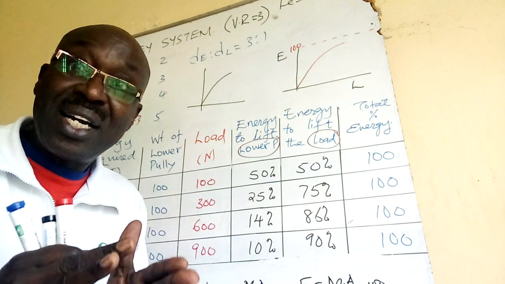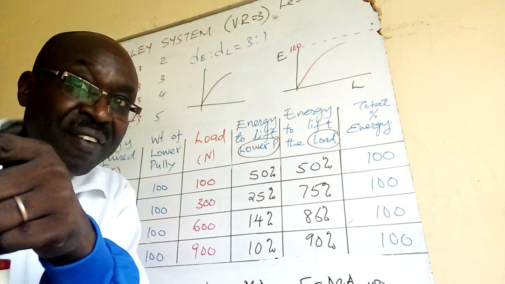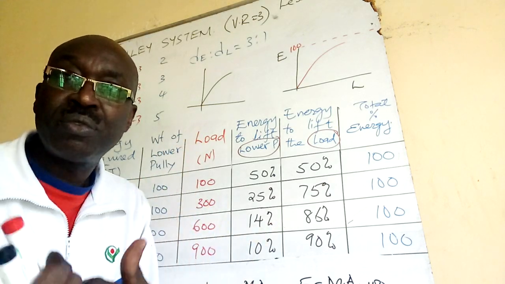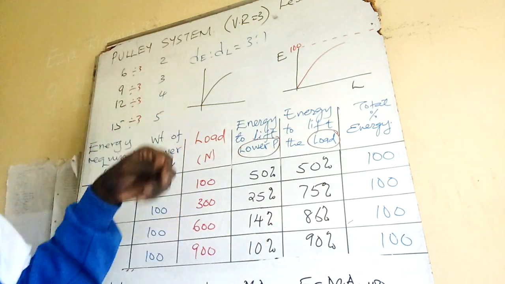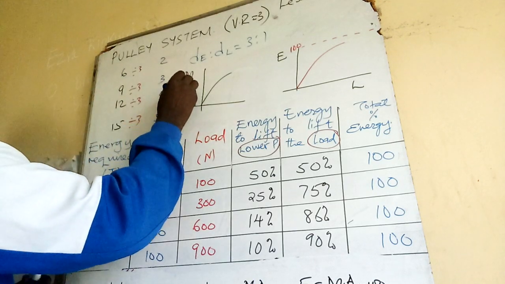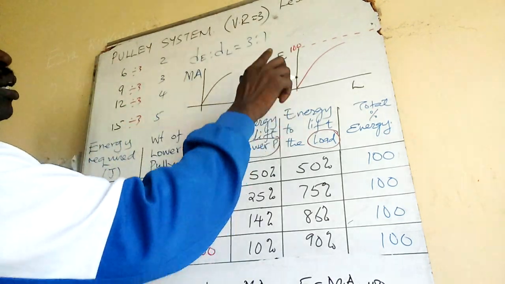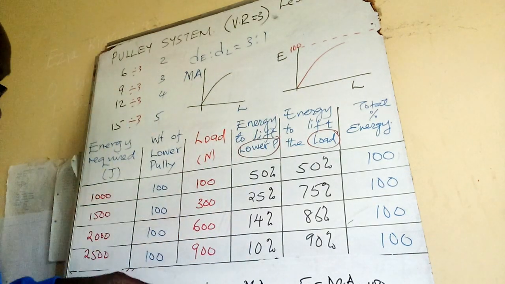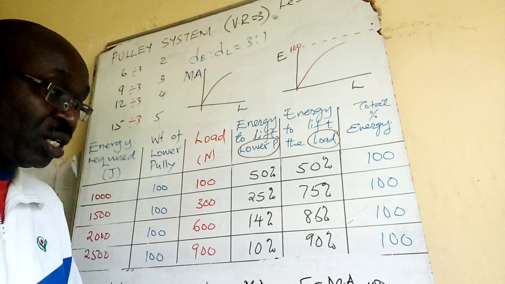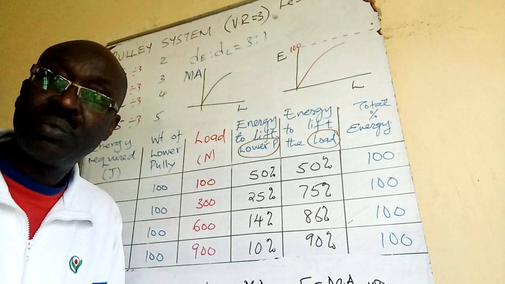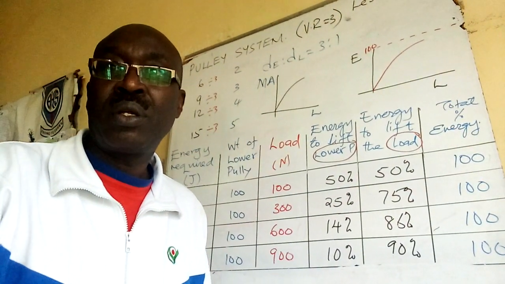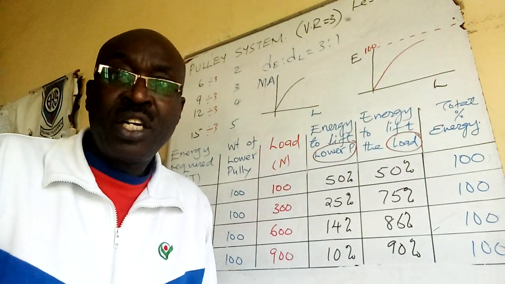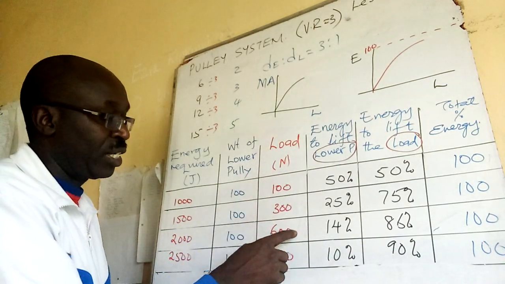So mechanical advantage and efficiency give you the same graph. Mechanical advantage against load, efficiency against load, they give you more or less the same graph. Why? Because you see this is increasing, even this will increase. You have to interpret this correctly and you will see it. The load here is increasing.